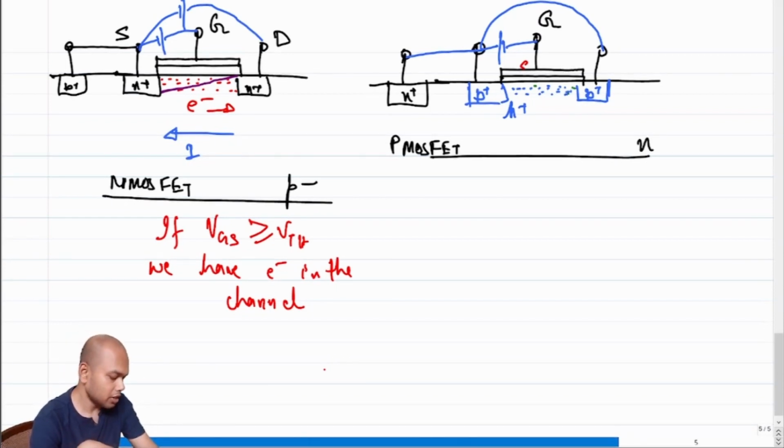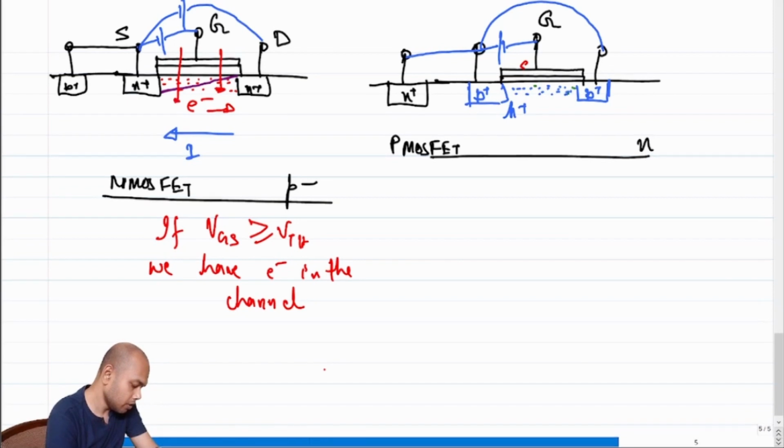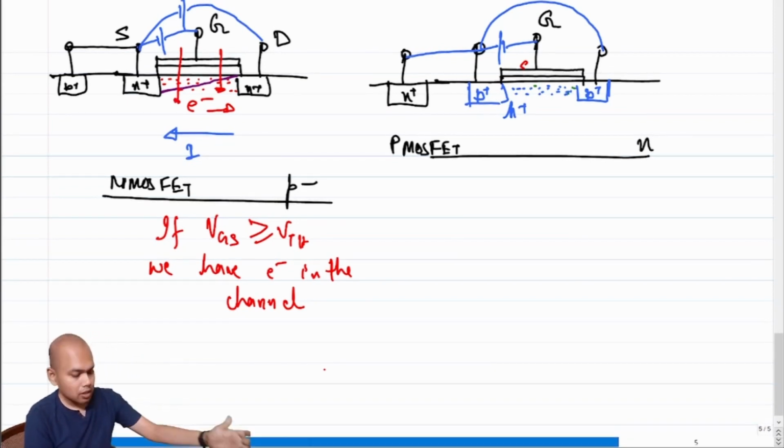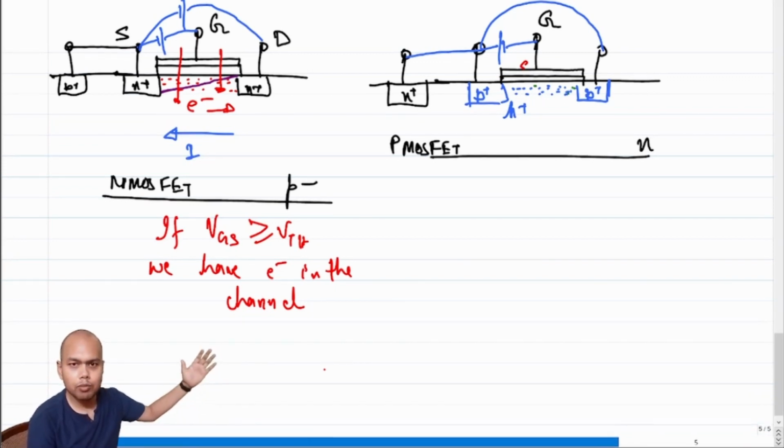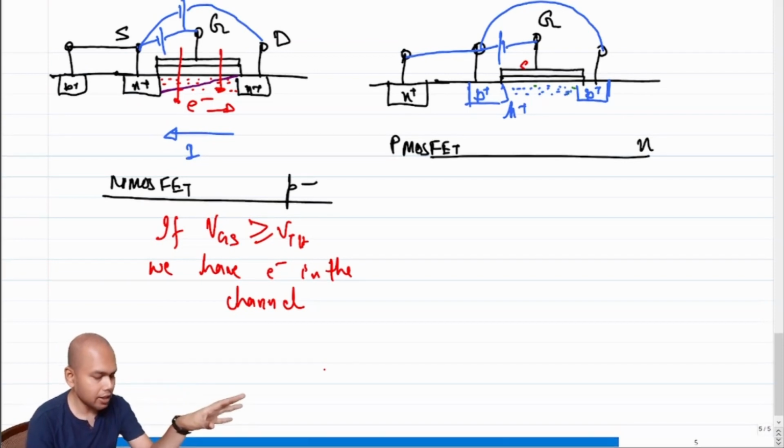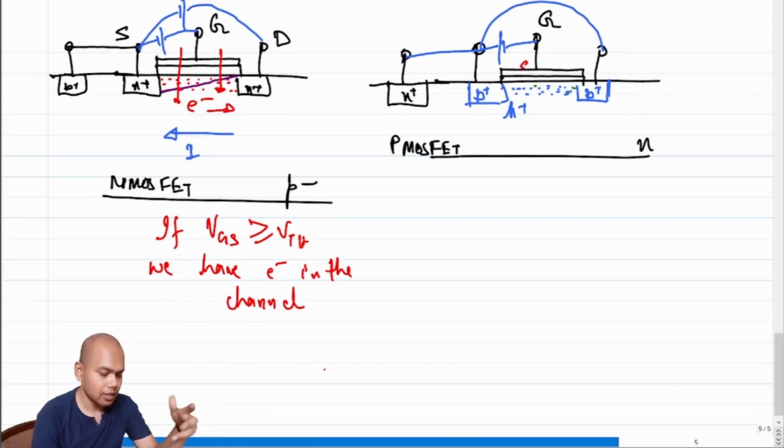right? So, just like in case of the NMOS transistor, the electric field was going from top to bottom. Since the electric field was going from top to bottom, all the holes were getting pushed out and the electrons were getting attracted in the channel. The exact opposite is going to happen in this case.